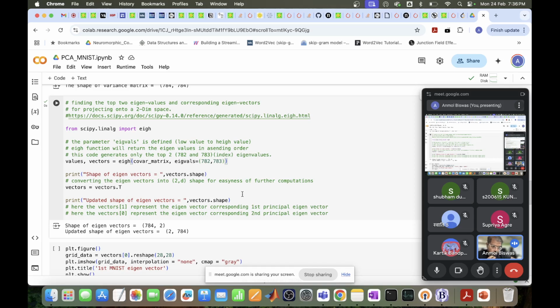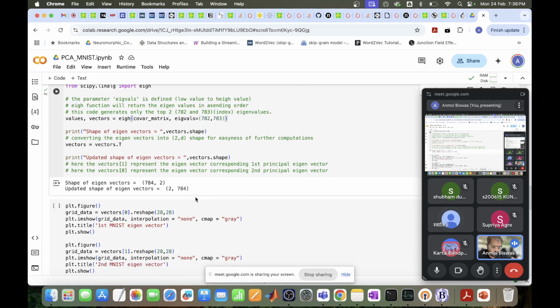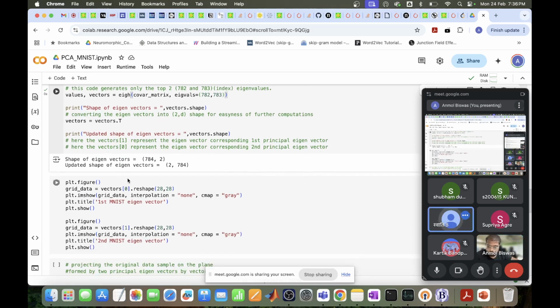And we need the two highest eigenvalues because we want to visualize the data in a 2D scatter plot, let's say, right? So we get this data, and the shape of eigenvectors is nothing but this 2 by 784.